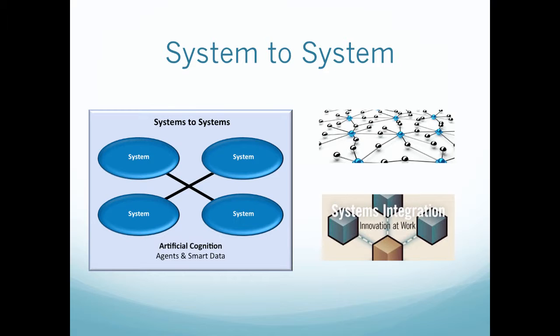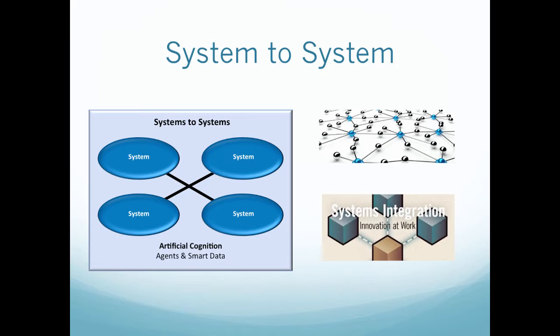So we want systems passing to one another. When I put information about Mike in this particular system, I want that information to be populated into other systems so I'm not having to go back and put it into 3 or 4 or 5 other systems. We want our systems talking to one another, and we know today that that's a real big problem. When we're buying systems that are not compatible, we have to spend some time thinking about how we build a bridge between those systems as opposed to necessarily throwing out a system and completely redoing it.